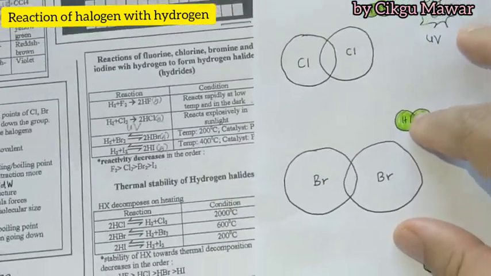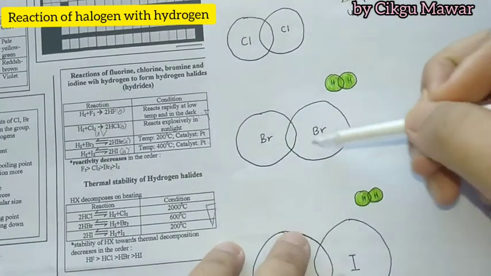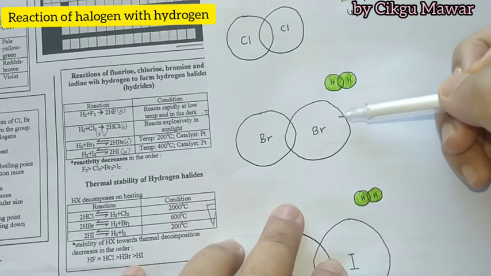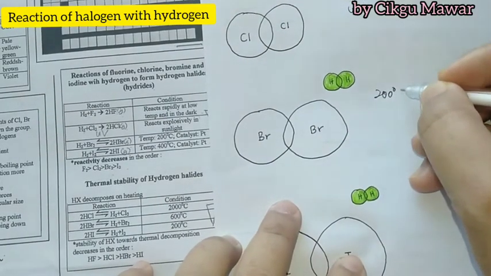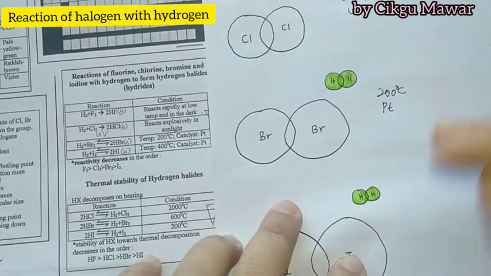The third one is bromine. Because of its larger size, it will react with hydrogen gas, but under the condition of 200 degrees Celsius and with a platinum catalyst.